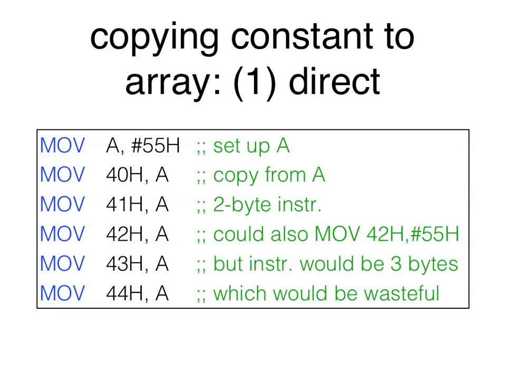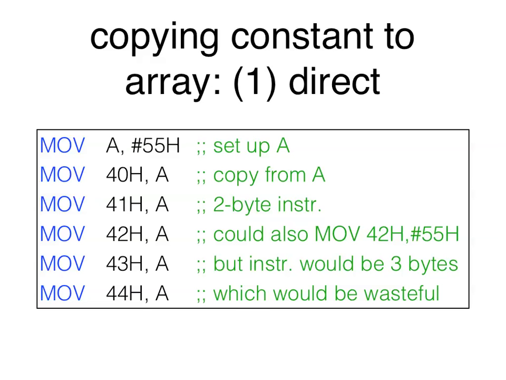Okay, so here's a simple example for copying a constant to an array. You could put some constant like 55 hex into A, and then you have move 40 hex comma A. That is, put the constant 55 hex at address 40 hex.